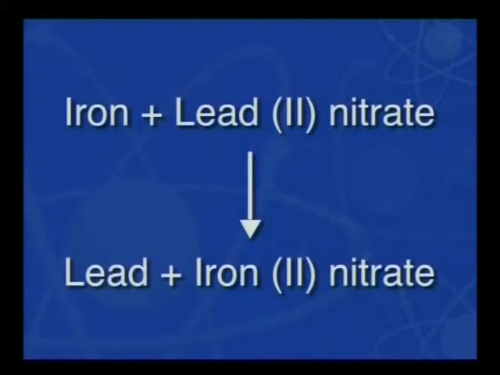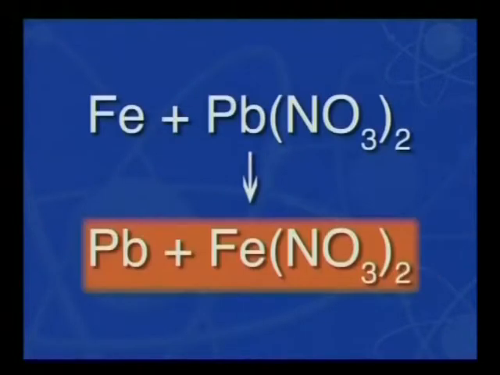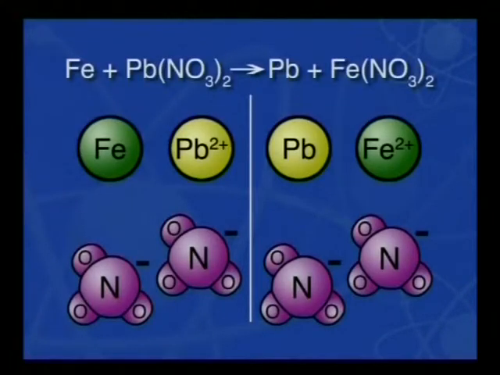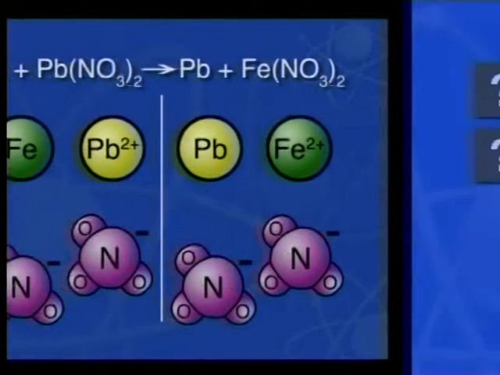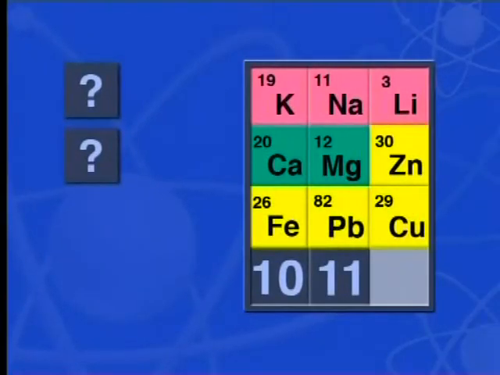So the chemical equation for this reaction is Fe plus Pb(NO3)2 react to form Pb plus Fe(NO3)2. If we count the atoms of each element on both sides of the equation, we see that this reaction is balanced.